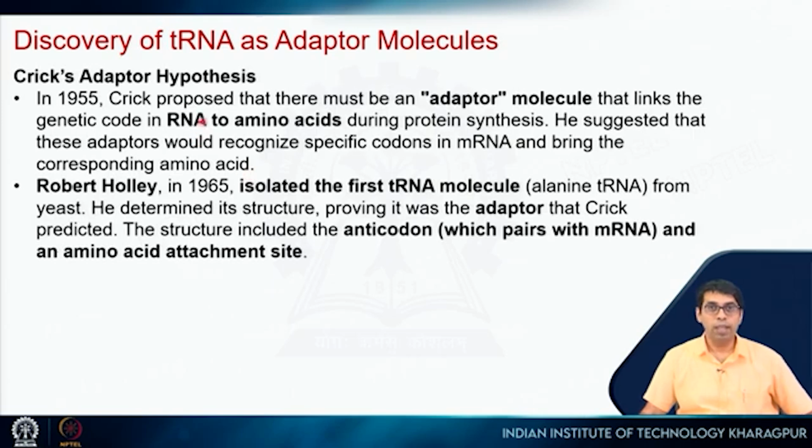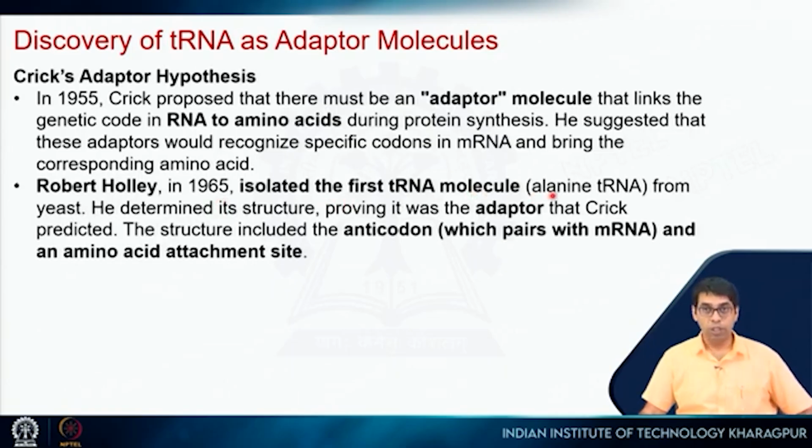Another important hypothesis that he came up with was that there must be an adapter molecule that links the genetic code in RNA to amino acids. So these 3 nucleotides of a codon should get converted to one amino acid. There has to be some adapter molecule which will do this translation. Ten years later, Robert Holley isolated the first tRNA molecule.